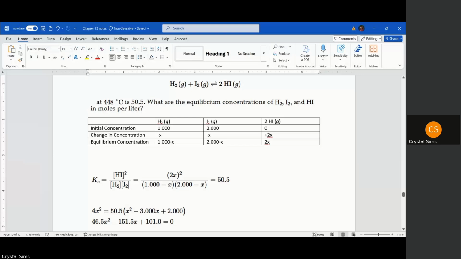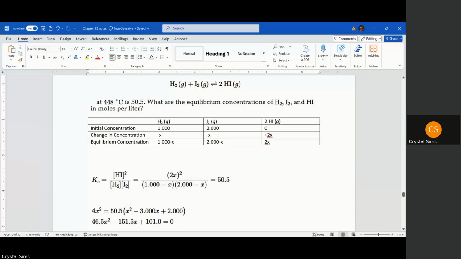So here is the ICE table for this expression. And the first thing I've got to do here is figure out my initial concentrations.